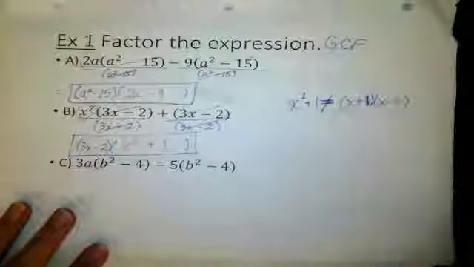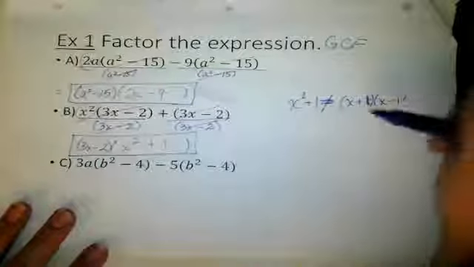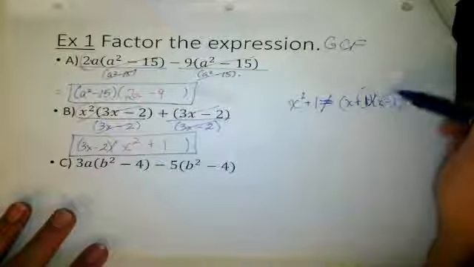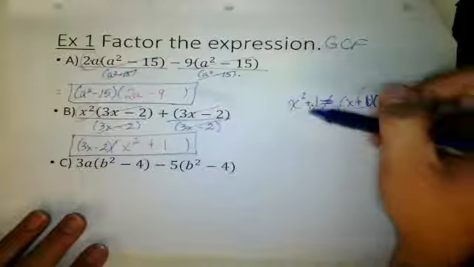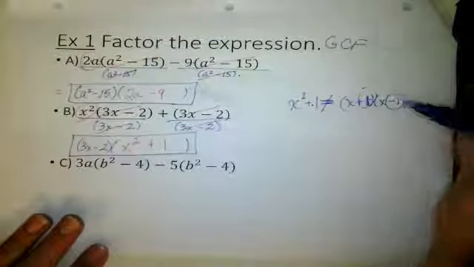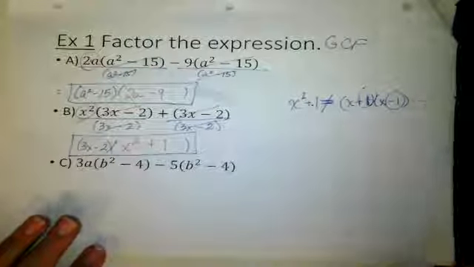It's a positive 1. Correct. Good. Positive 1 times negative 1 would give us negative 1, not positive 1. This is not difference of squares, right? Okay. So be careful.